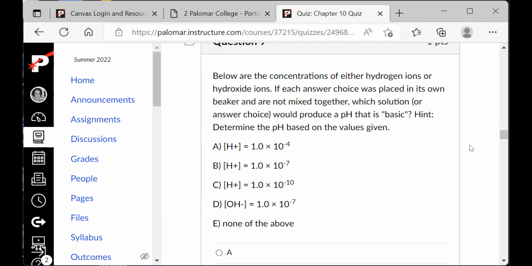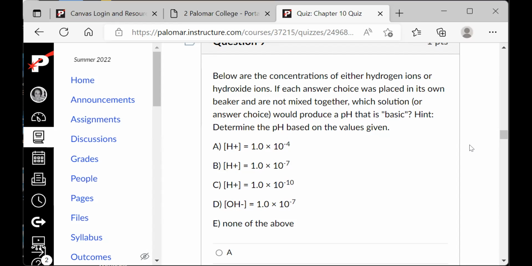So if you're comparing pH of 4, pH of 7, pH of 10, and pH of 7 again, which one is more basic? Which is what the question is asking. Basic is greater than 7. So that would be 10. There you go. Just C.